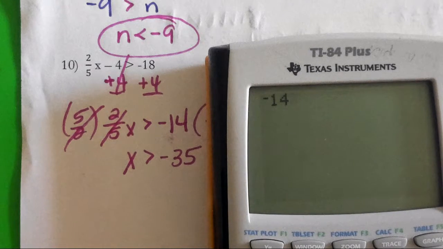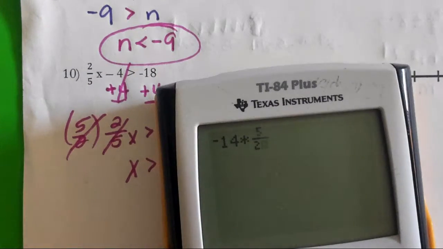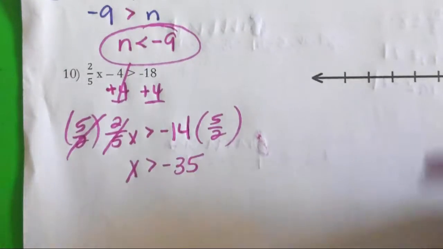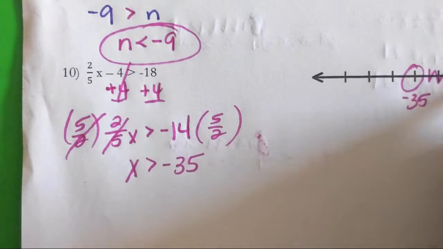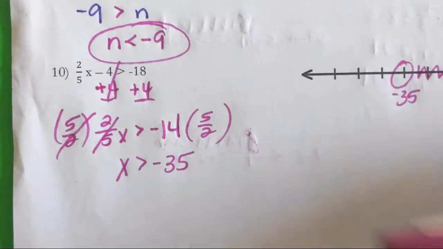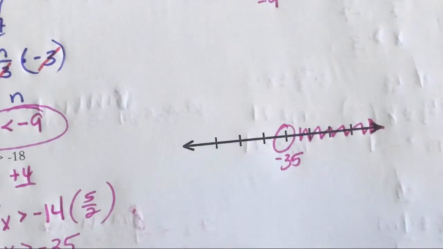Negative 14 and then times alpha y equals. Put in my fraction, which is 5/2. And lo and behold, the calculator is doing the math for me, and I get negative 35. So I put my circle at negative 35, and I shade to the right, and life looks good. Anyone have any issues with this?